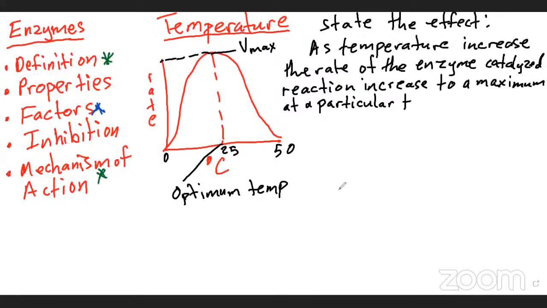The V is for velocity, so it's the maximum velocity or the maximum rate.